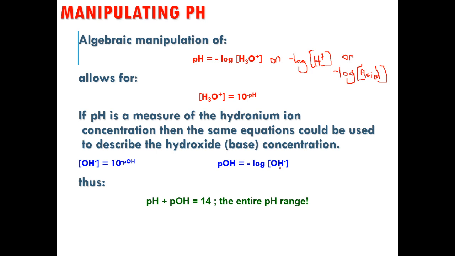For solving for pOH, we can take the negative log of the hydroxide concentration or the negative log of, anybody want to take a guess while I slowly write this out?